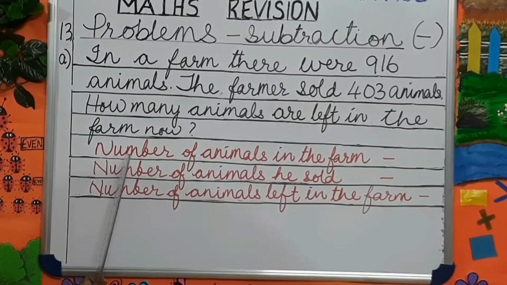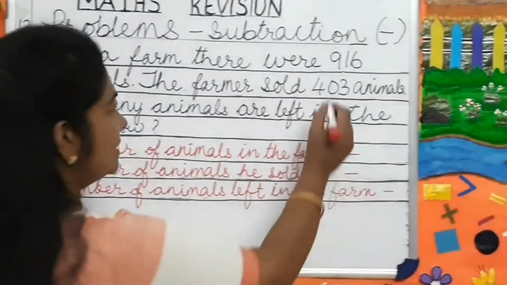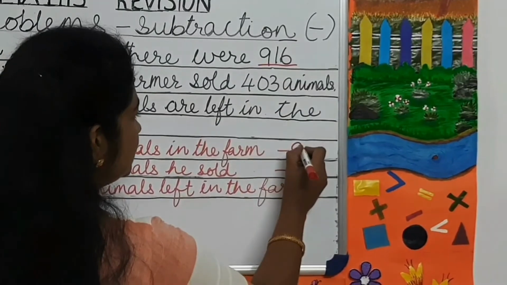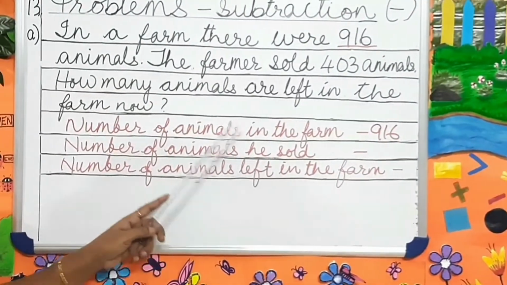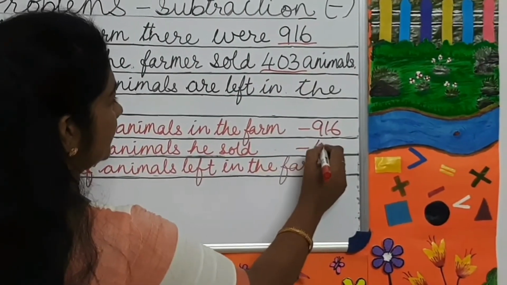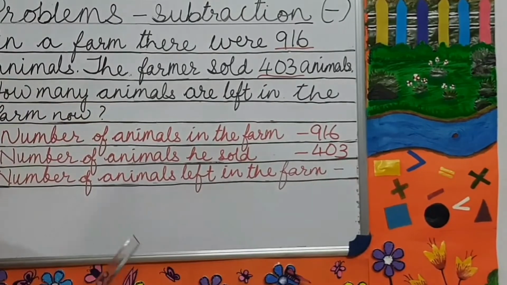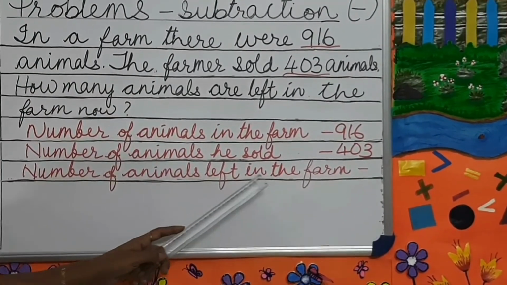Now write the statements. Number of animals in the farm. That is 916. Now number of animals he sold. It is here 403. Okay. Now we have to find out number of animals left in the farm.